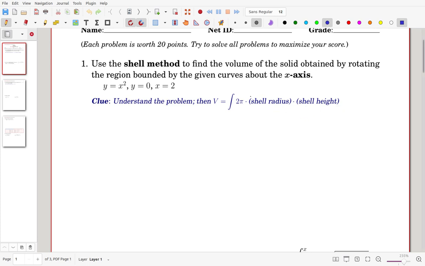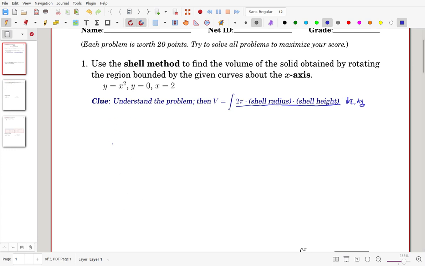This is the shell area, and you can integrate over x or over y. That is a little bit confusing, so dx or dy, over x or over y.